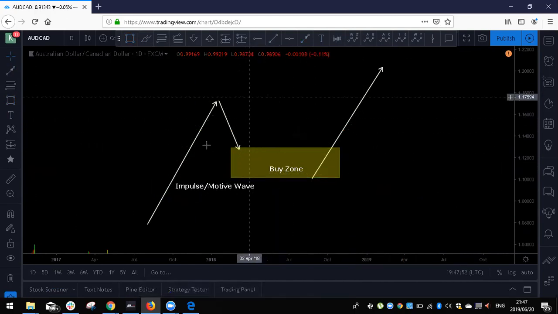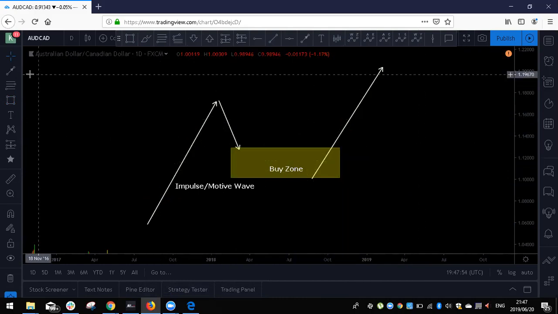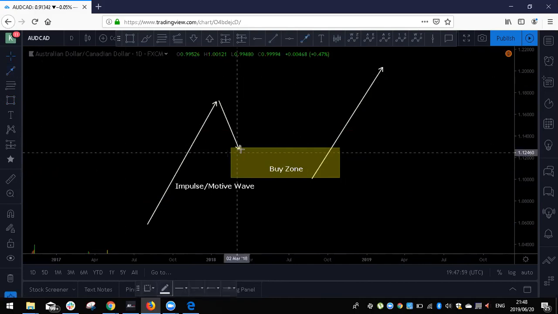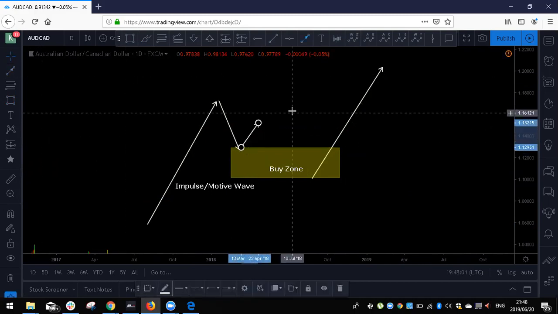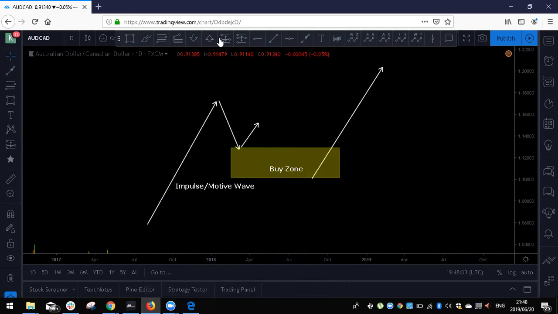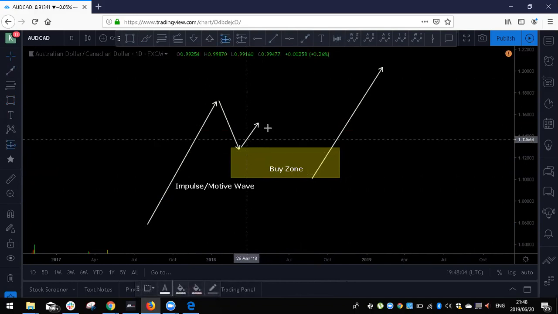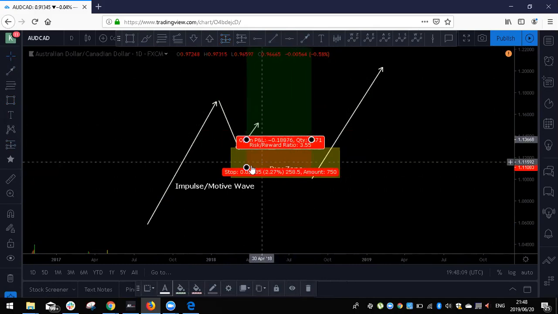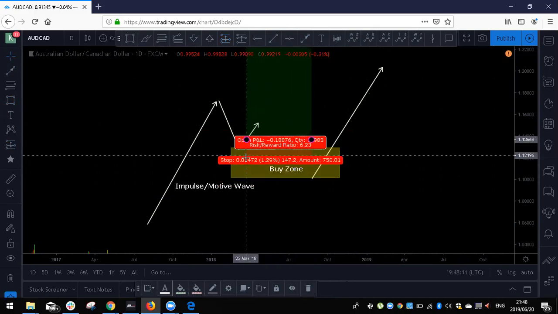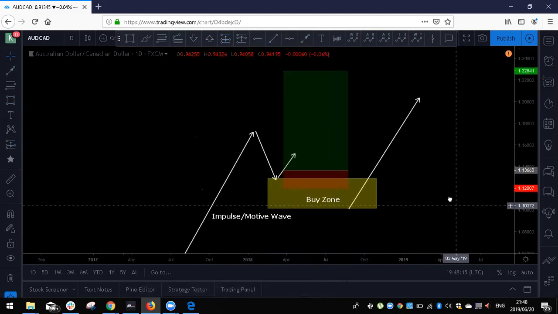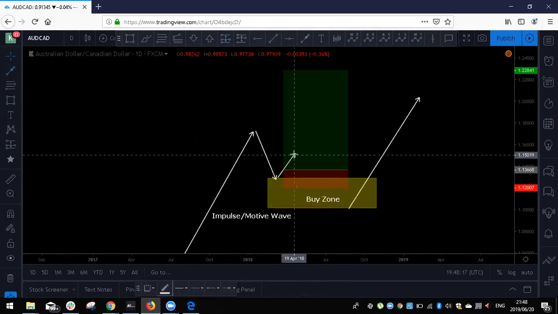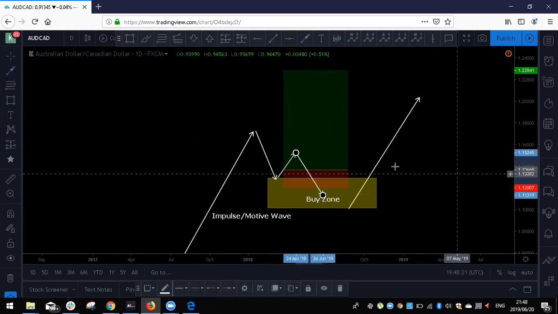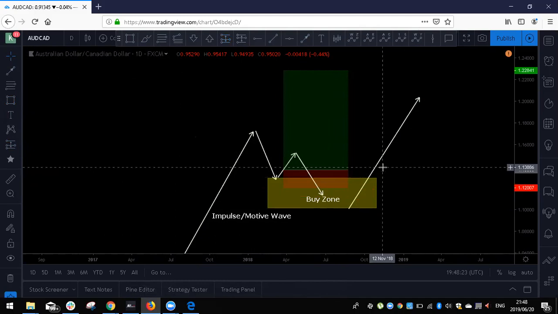I won't buy anywhere outside, because you might get in a buy trade and think it's going all the way up, maybe your stop loss will be there, only to find that price is still coming to me, because I'm a patient trader. You bought too soon.